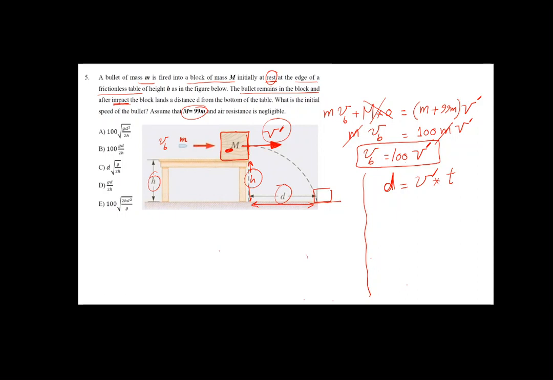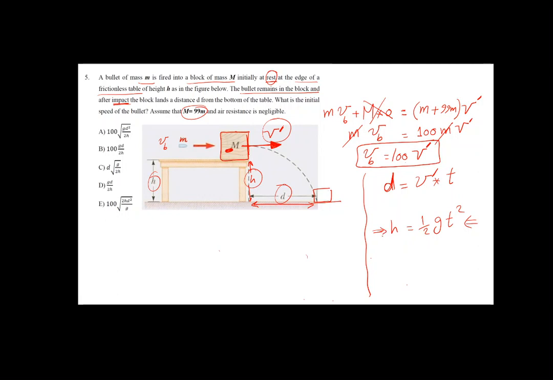The second equation, Vy equals gt. I don't need it. The third equation, h equals half g t squared. Oh, that's important. The last one, Vy squared equals 2 times g times h. I don't need it also. So I will cancel this one and this one, but I will use the h. H equals half times g times t squared.